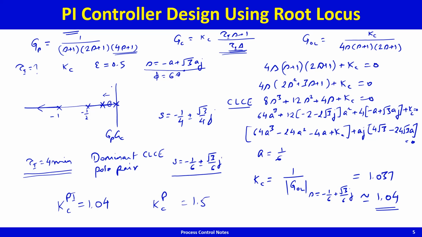Now think about this. If I choose my zero to be extremely left, let's say over here, that means tau I is very small. If tau I is very small, that means I have a very aggressive integral action.